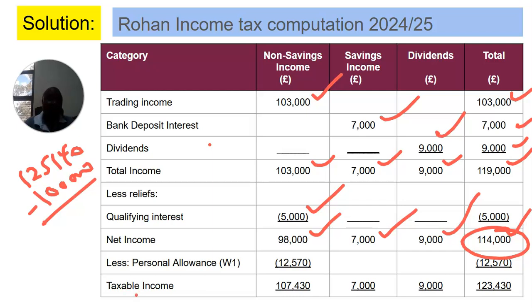We reduce the personal allowance by 50% of the difference, the difference between 100,000 and the figure, in this case, 114.